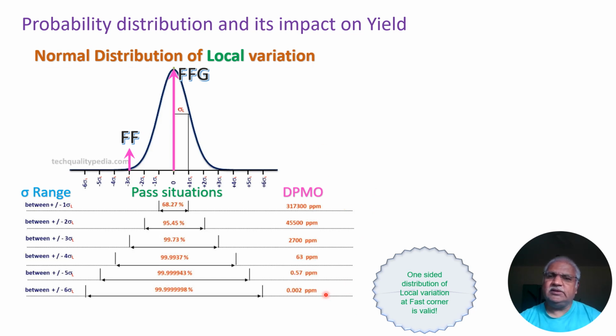So effectively, for both the manufacturing process and the implementation, we will get the effective DPMO in the order of 1 part per billion. That is how the yield and the probability distributions of a transistor, of a timing path, the probability distribution in a process, the process capability index, and the design implementation, all these things, how the AOCV derates, LVF, all these things will play a role.